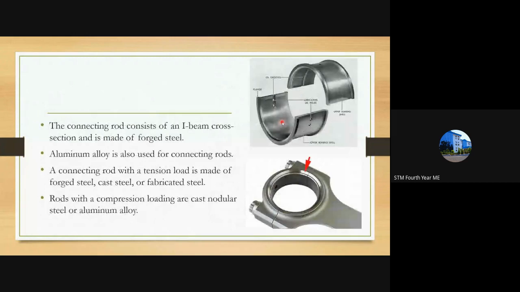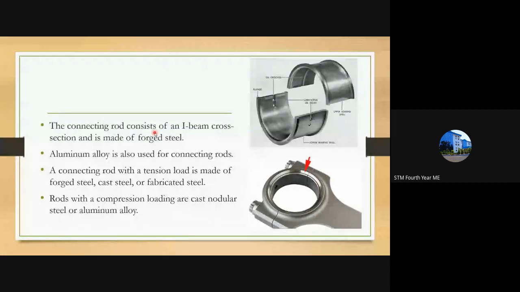The connecting rod is made of forged steel. Also, aluminum alloys are used. Steel has better tensile strength, or strength, compared to aluminum alloy. Also, aluminum and steel can both conduct heat outside very fast.